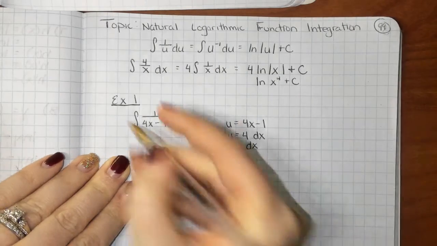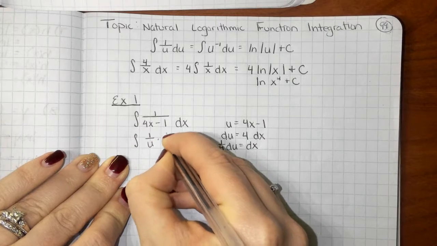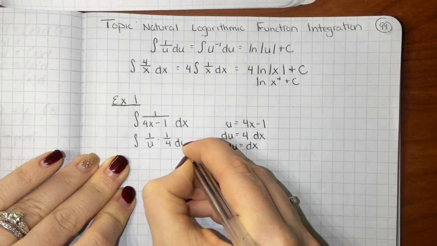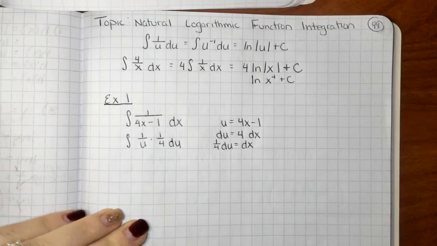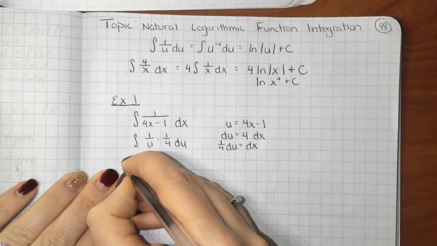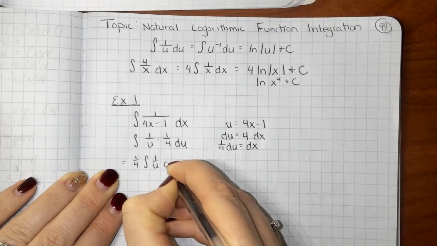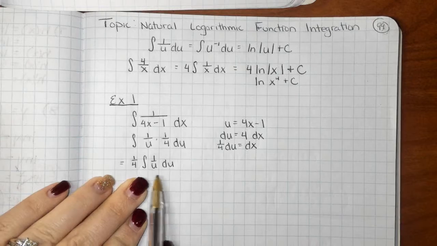So when you're integrating, you really have 1 over u times 1 over 4 du. And what can we do with that 1/4? We're going to move it out. So I'm going to say 1 over 4 integral 1 over u.